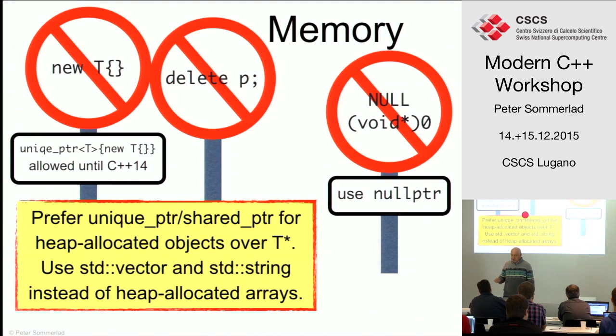There's no longer the need for using NULL or zero as a nil pointer, null pointer. Use nullptr as a name. It's a constant in the language with its own distinct type. So there are even specific overloads based on that type if the nullptr is used, and that's specific.